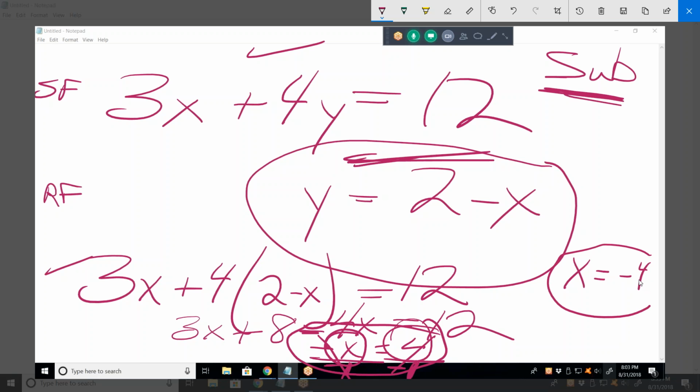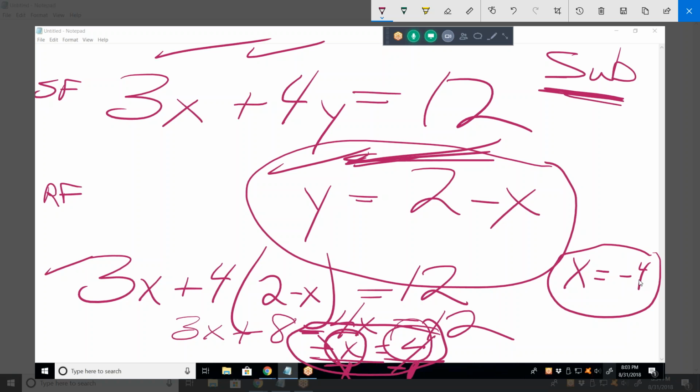So if x is -4, what's y? And this one's a lot easier to do. When one of the equations is fully defined for y, now this becomes a piece of cake to solve. If x is -4, what's y? And always use this one.